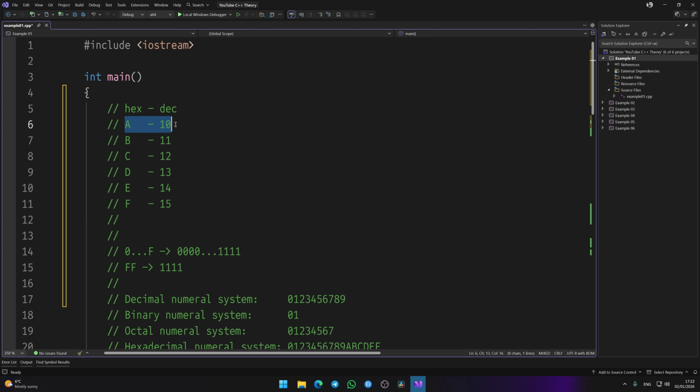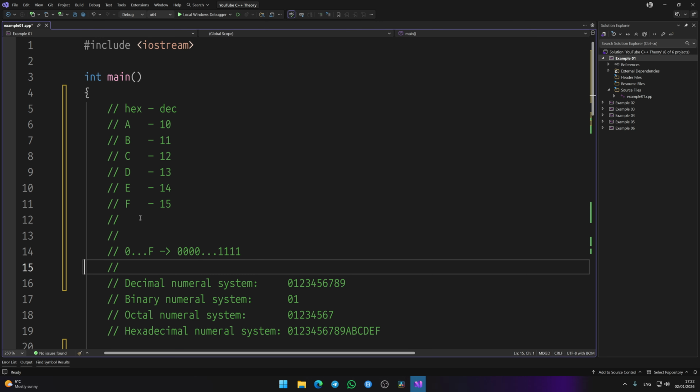A equals 10, B equals 11, C equals 12, D equals 13, E equals 14, and F equals 15. The largest single-digit number in hex is F. After that comes 10. For example, FF in hexadecimal equals 255 in decimal.